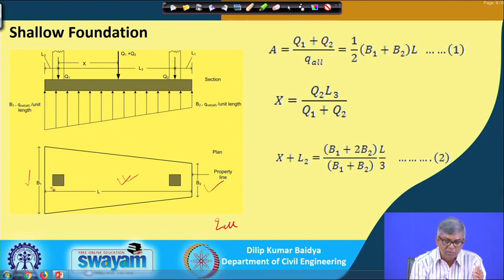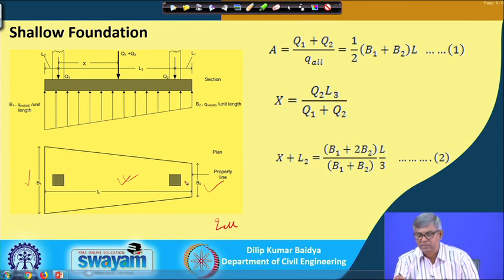So, if I know B1, B2 and L, then I can find out the area of this footing. So, that can be equated: half of B1 plus B2.